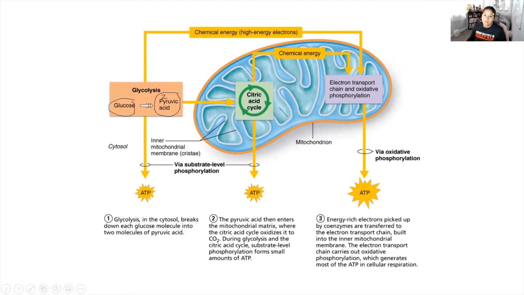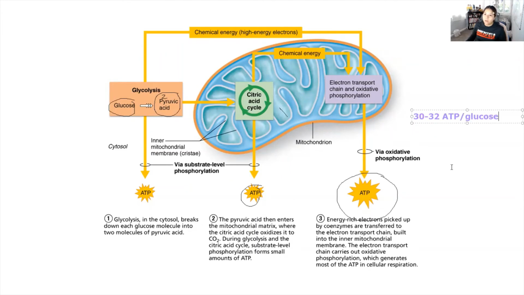And then from the citric acid cycle, that's going to produce a little bit of ATP. And we're going to be getting rid of a lot of CO2 at this stage. And then from there, we'll move on to the electron transport chain. And that's where we make our bulk of ATP. And then by the end, we will have net about 30 to 32 ATP, okay, per glucose molecule.